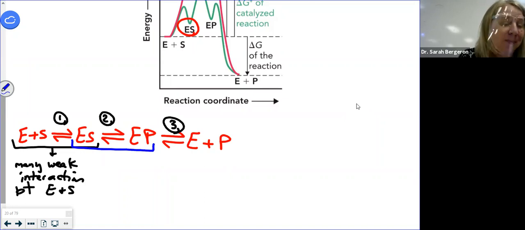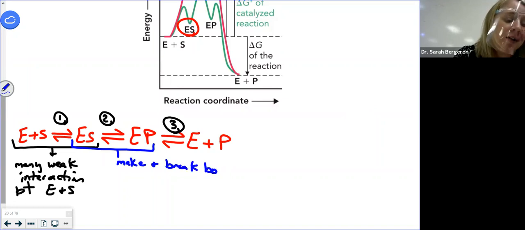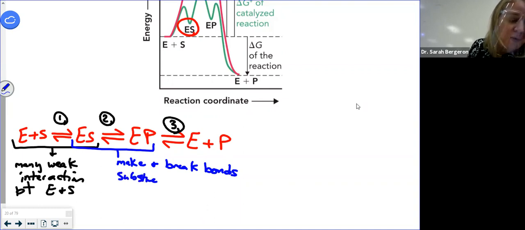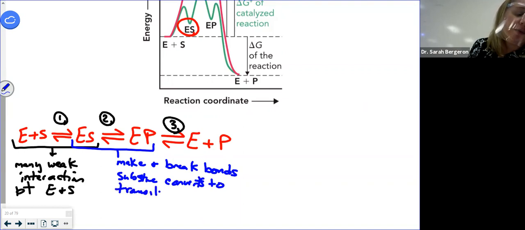Oh, this is not gonna be easy. Because in order to convert from the substrate to the product, we have to be making and breaking bonds, right? So this is the step where we actually make and break bonds. So what actually ends up happening is that the substrate converts to the transition state.